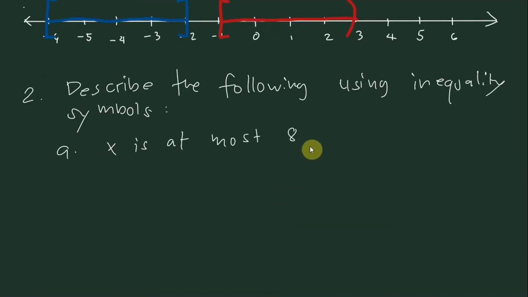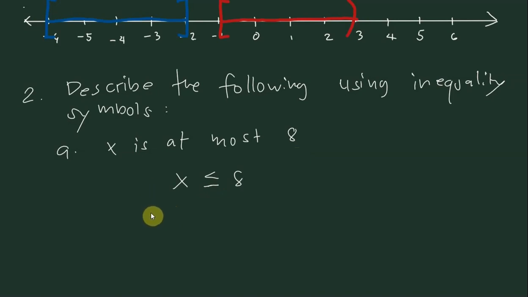All the values that are lesser than 8, and it includes 8. So x is lesser than or equal to 8. If x is at most 8, it means 8 is the largest value, so it includes all of the values lesser than 8 up until 8. Okay, let's have another one.